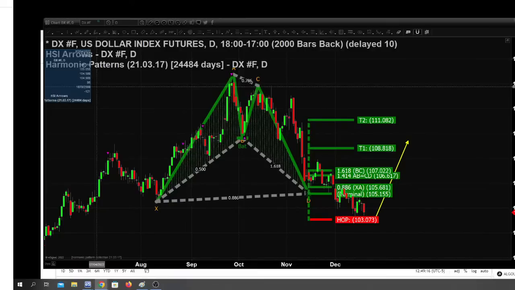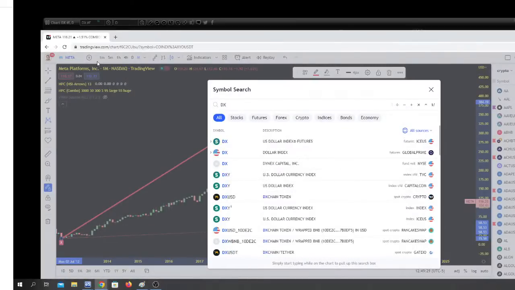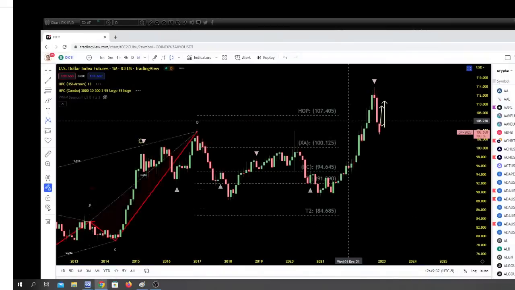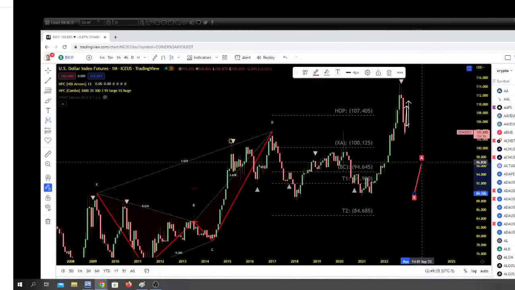So I think it's a good chart to look at, even if you don't trade it or don't trade currencies. We're hitting major levels. Let me go to the TradingView platform and use the index itself, because it's the same type of deal. Look, here's the big chart for dollar index futures.